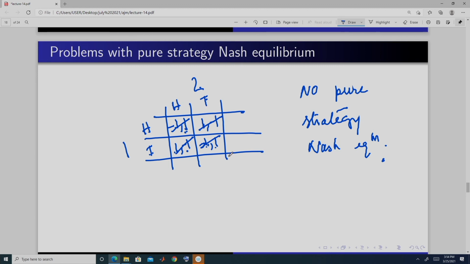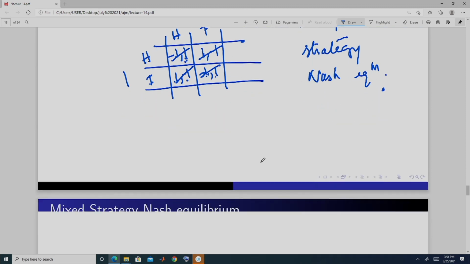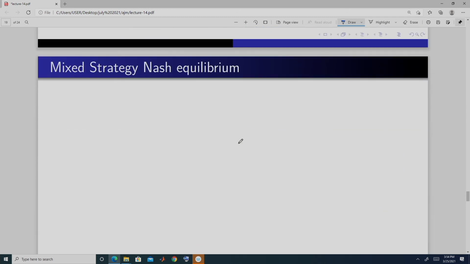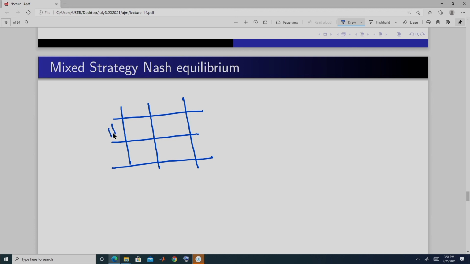So, we will now define strategies and attach probabilities to them. If the probabilities are 1 and 0, then it is a pure strategy, and if there is some probability attached to some of the strategies, then it is called a mixed strategy. So, here in this game we are going to find the mixed strategy Nash equilibrium. In a mixed strategy, each player attaches some probability to their actions or strategies.